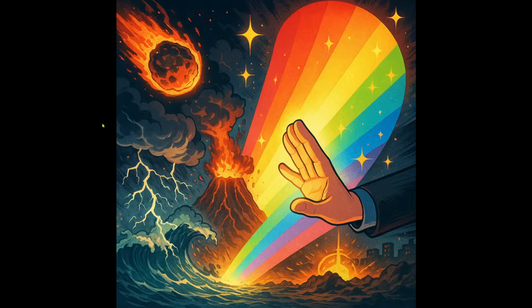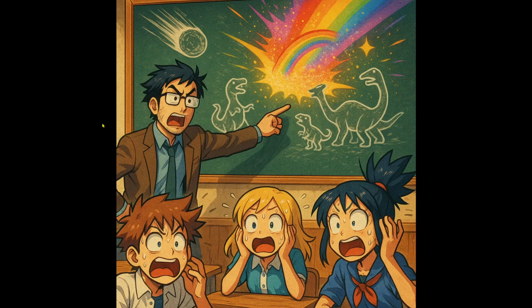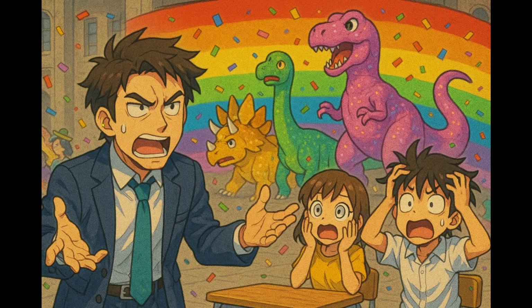Oh yes, forget meteors, forget climate shifts, forget volcanic super eruptions. No, T-Rex was simply too fabulous to survive. Imagine explaining that to a science class. Kids, dinosaurs went extinct because Jurassic Pride Month got way too outrageous. The meteor didn't kill them. The glitter did. They stopped reproducing, man.